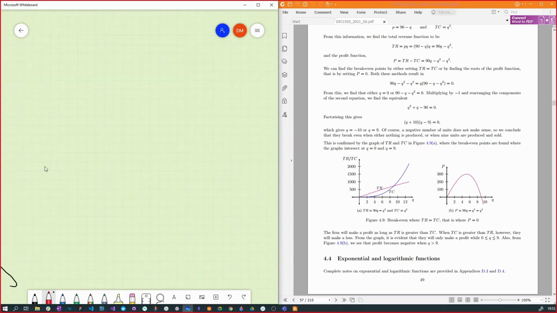So I'm going to start writing here. Exponential functions have the following form, right? You have f(x) or y equals a to the power of x.